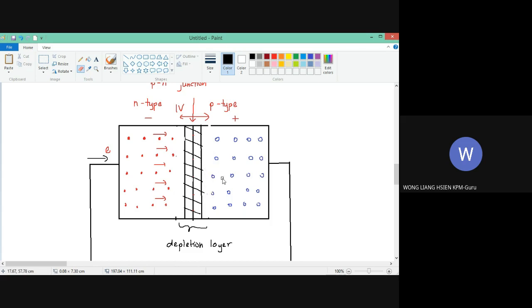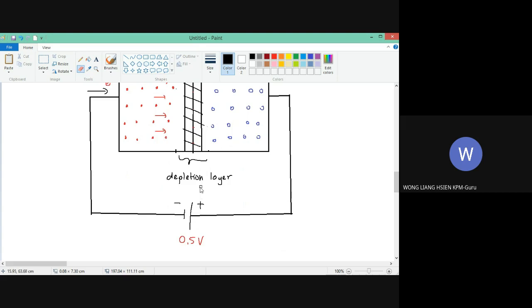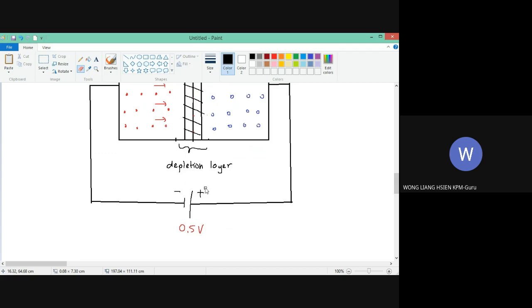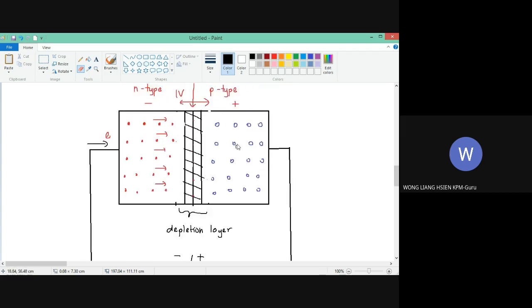Get the idea? Because this power source goes against the junction voltage, this one becomes narrow. It pushes. Although actually the electron is pulled out, we can also say that this positive charge repels the hole, because remember the hole represents positive charge.